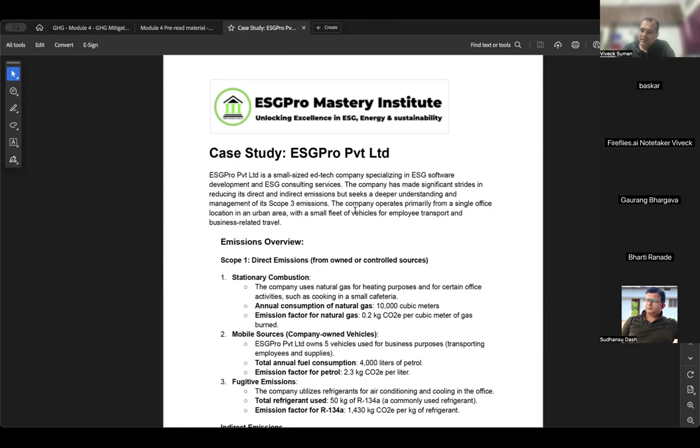Second, if I can find the annual consumption of stationary combustion or mobile consumption, what emission factor should I take, directly from IPCC or DEFRA? You should take DEFRA. Which industry are they in? Engineering.